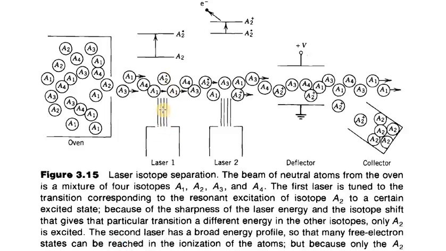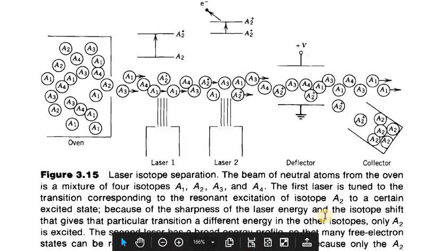This laser excites the A2 only, to a certain excited state. Because of the sharpness of the laser energy and the isotope shift, that particular transition has a different energy in other isotopes. Only A2 is excited using laser 1.